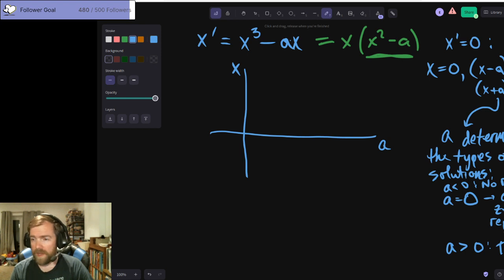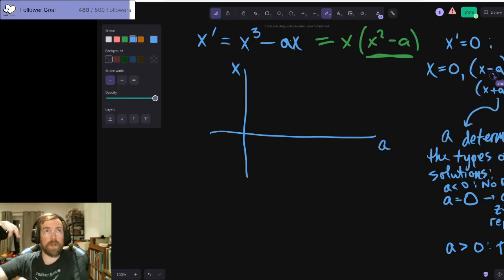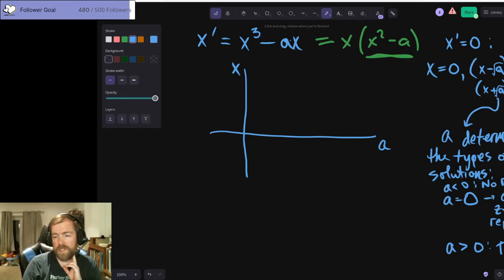Okay, so at 0 itself, we would say for negative x values, what is our x prime going to be? If a is 0, that makes it easy. X prime is going to be x cubed, which means that any negative x values as part of our solution are going to have what rate of change?